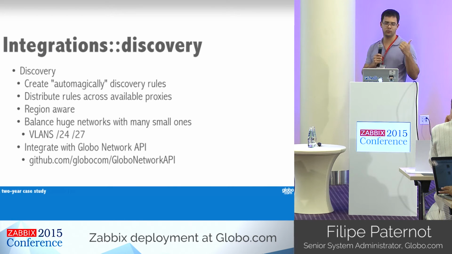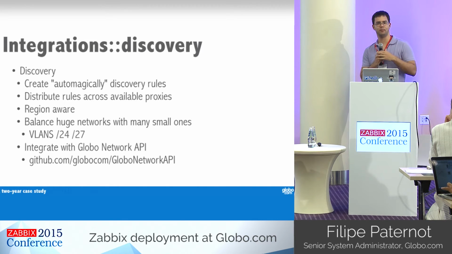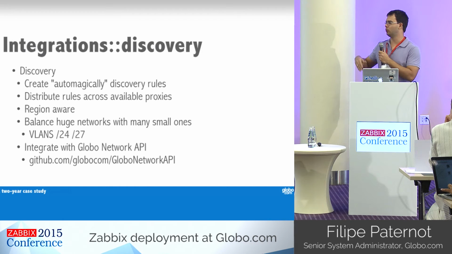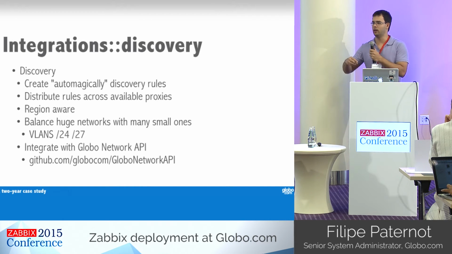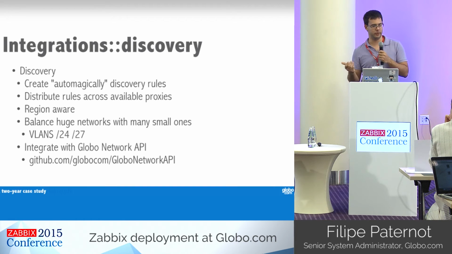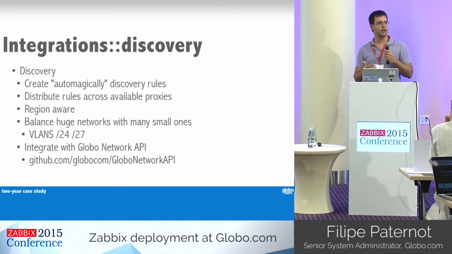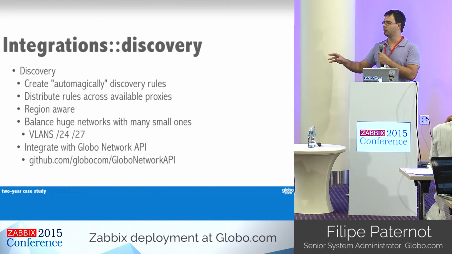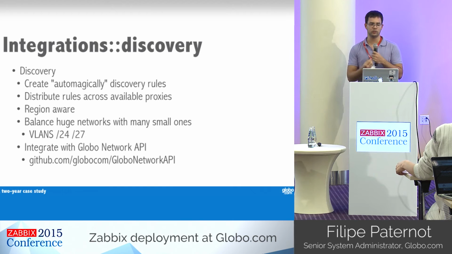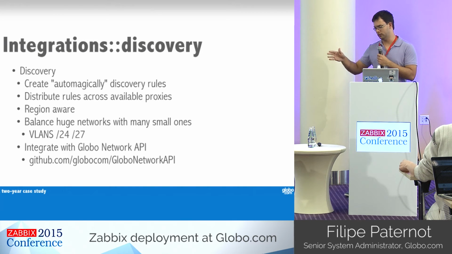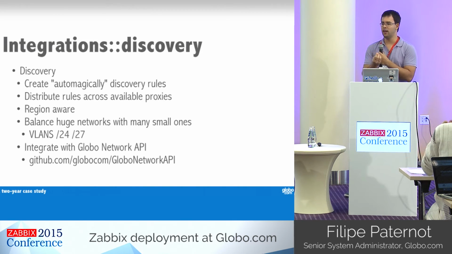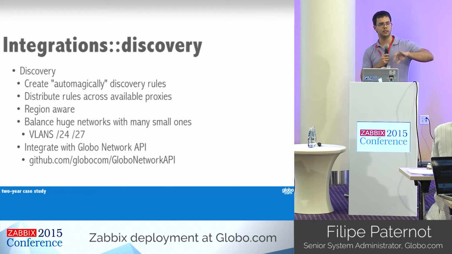So what we did is we have this network API, which the telecom team holds to manage and control which VLAN is where, how long it is, and all the information about it. Then we created a script that talks to the Zabbix API and this global network API. They hold the data together and create the rules. It doesn't create the hosts, but creates everything they need and assigns them to the right proxy.